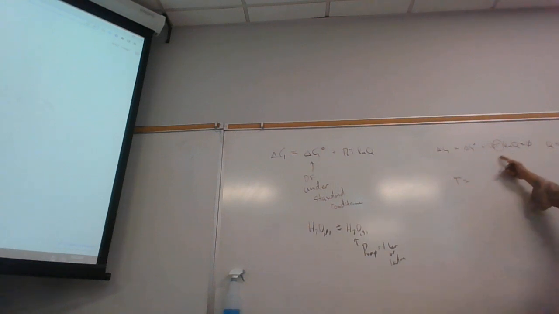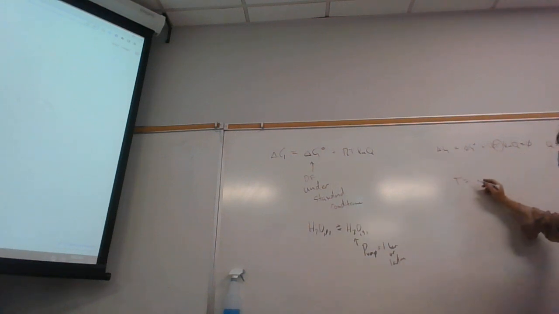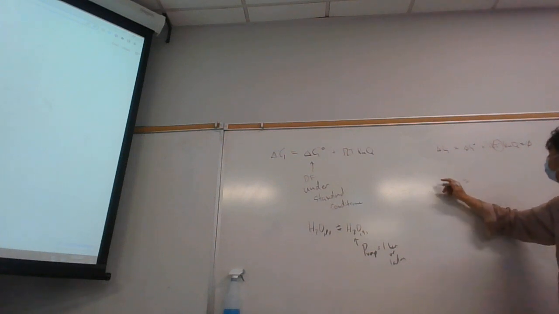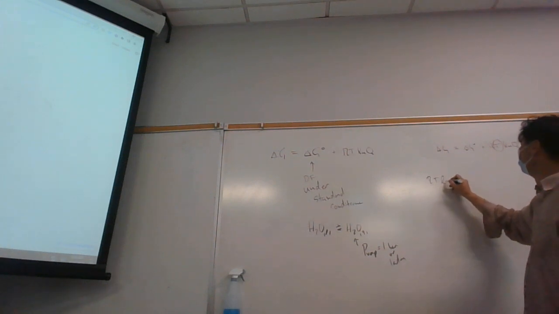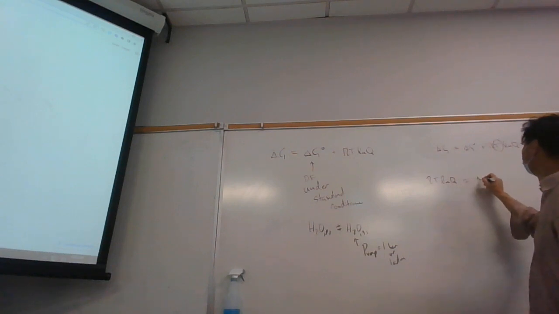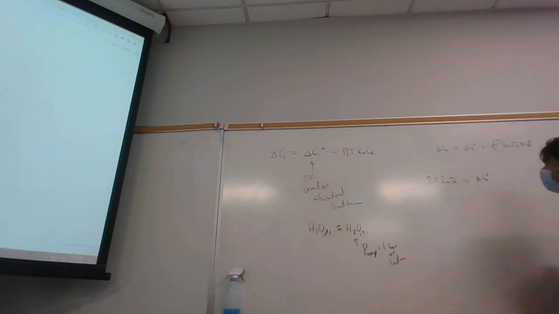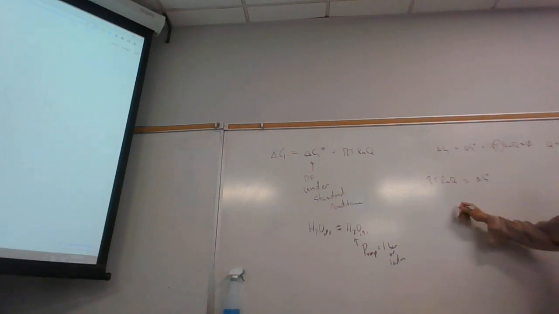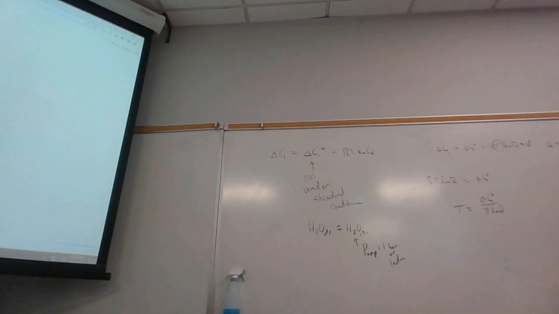And so what I'll do here is just set this equal to 0, and then I'll get RT ln Q is equal to minus delta G naught. And then solve this for T. T is equal to minus delta G naught over R ln Q. And then just plug this in. So what was the delta G naught that I had calculated earlier?